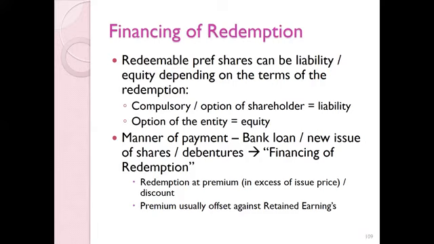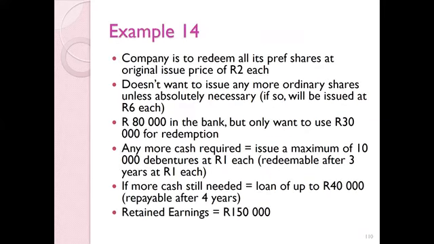So if you have issued the redeemable preference shares at R1 million, but you're going to redeem them at 1.2 million rand, that additional 200,000 rand you're going to pay is usually offset against retained earnings. So that's really what that last bullet point is referring to.